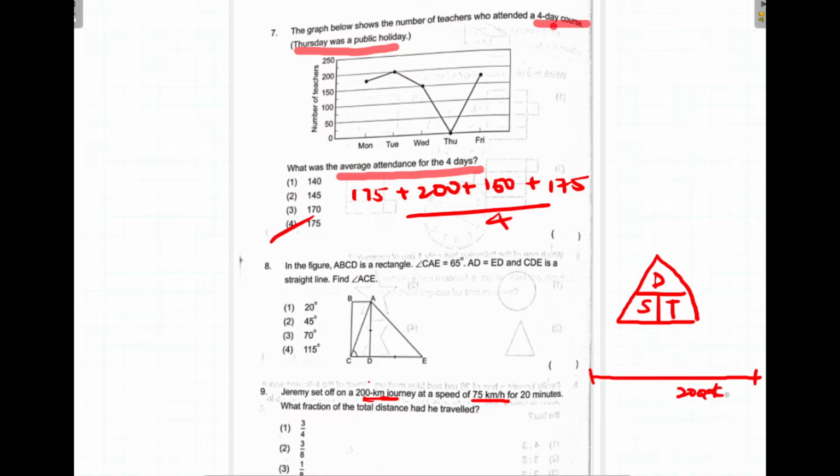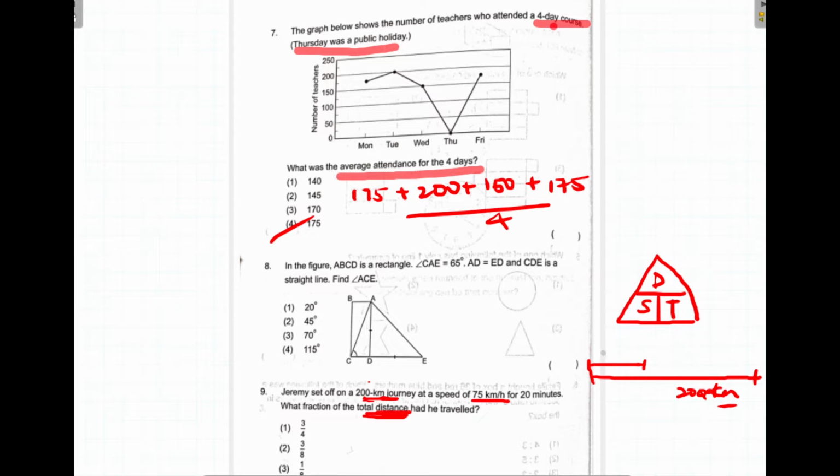It's asking you, if he travels at the speed of 75 kilometer per hour for 20 minutes, so this 20 minutes, he maybe travels until this distance. What is the fraction of the total distance that he traveled?